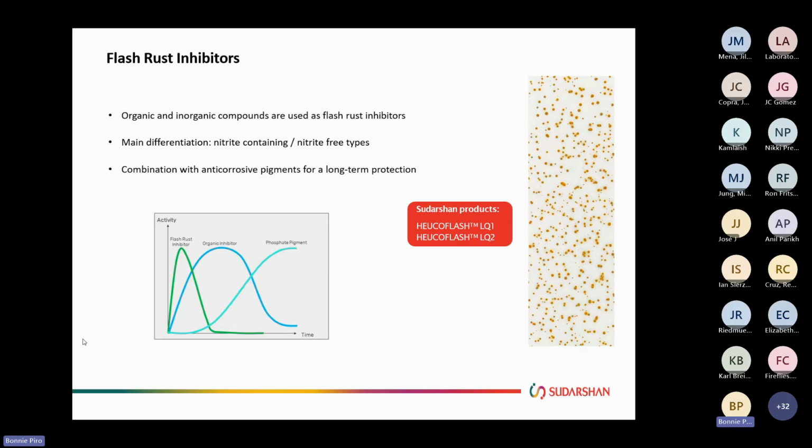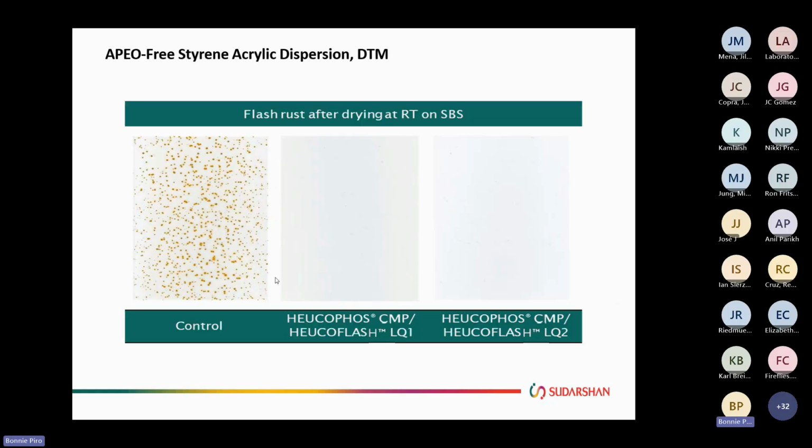And if we look down to this chart that we've seen before, this flash rust inhibitor comes in even earlier to be able to inhibit that flash rust. Then the organic inhibitor comes in next, followed by the long-term phosphate pigment. Just some examples of the two types that we have, with the nitrite containing and the nitrite free. You can see the difference with those additives to the system.